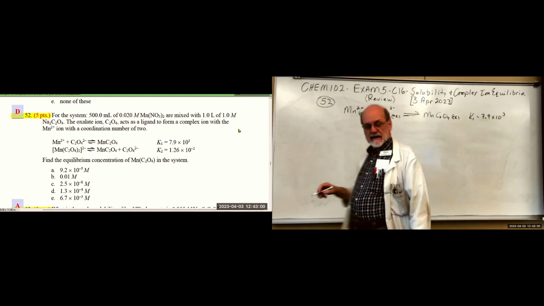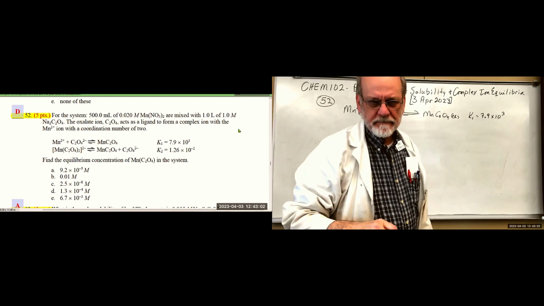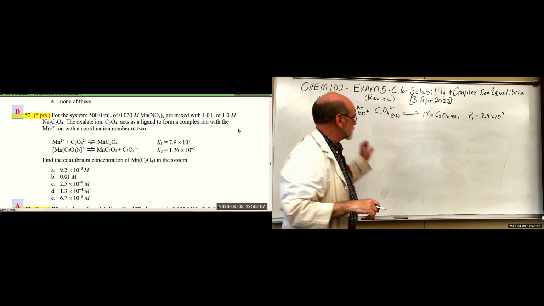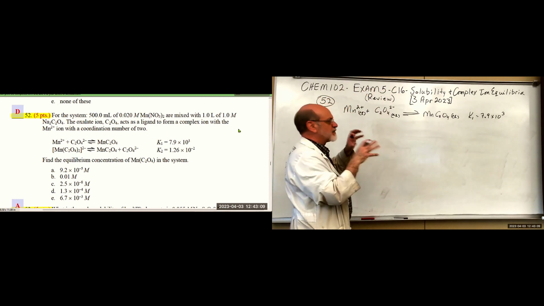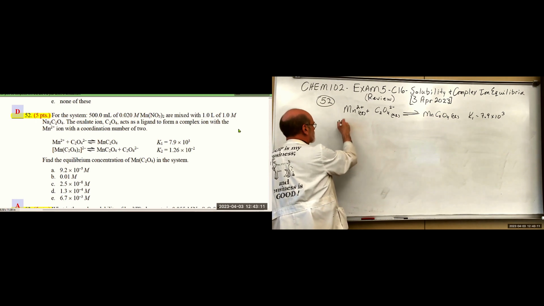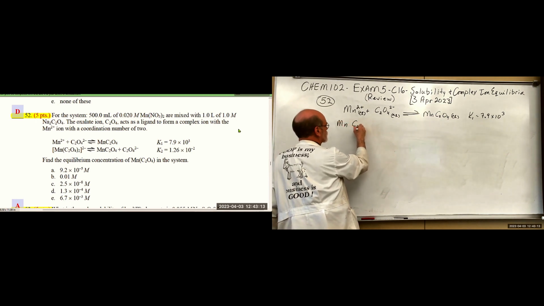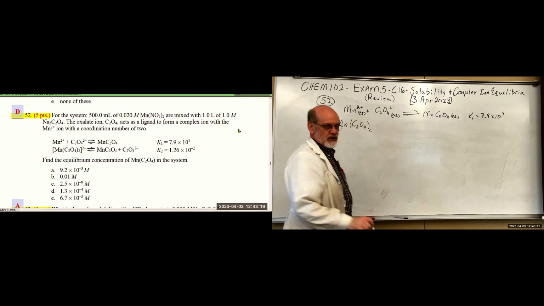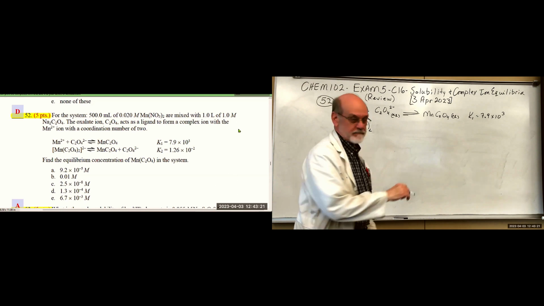Okay. The second one actually works backwards. It says here's the complex ion, Mn, and then we have two of these, and the charge now is 2 minus.